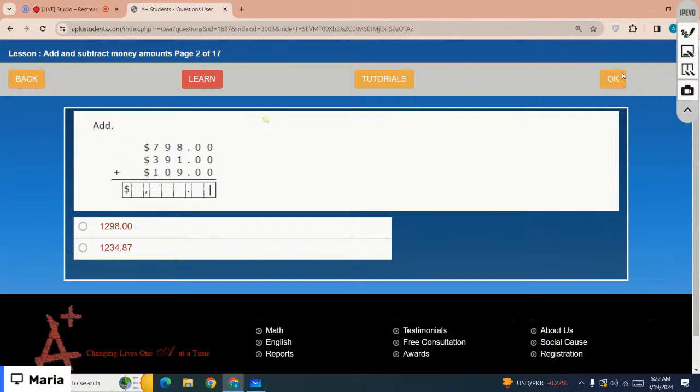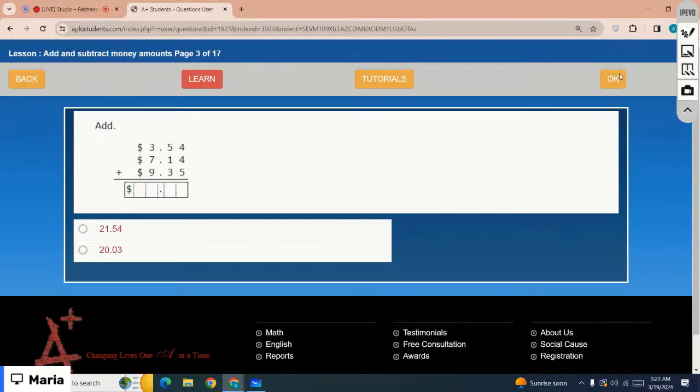The next one is add. So which is the correct option? That is 1298.0. Option number 1 is the correct option. Very good.